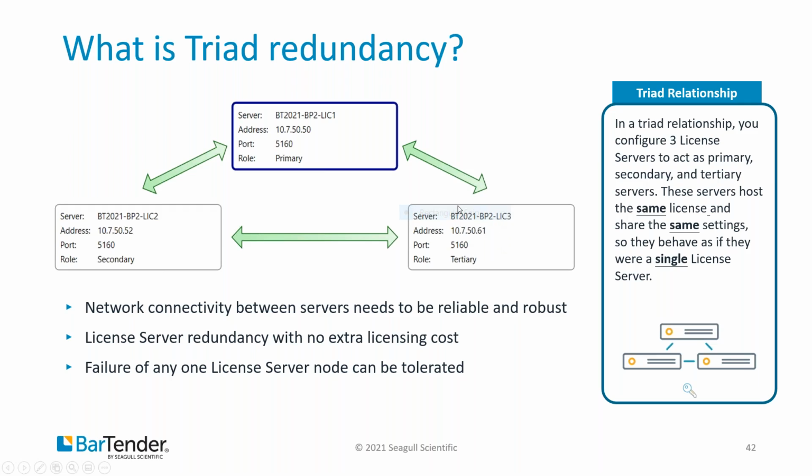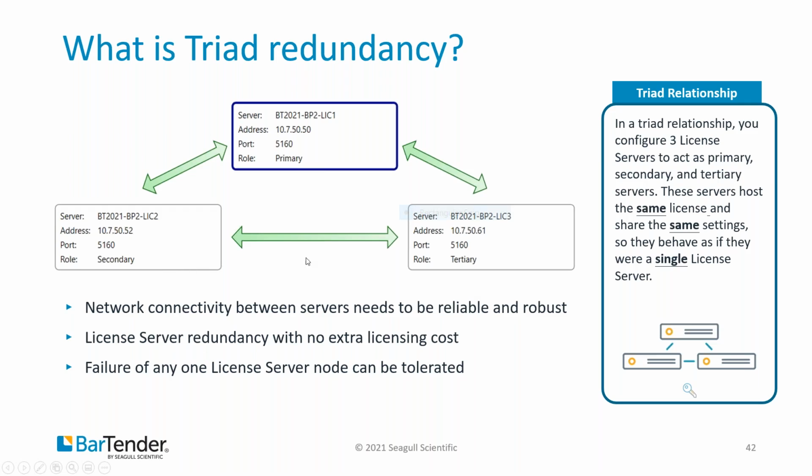That would be a fail state. You need two of these license servers to still be connected and contactable. So a triad redundancy in that situation would not be helpful. In that situation, you would be better served with a backup license redundancy option.